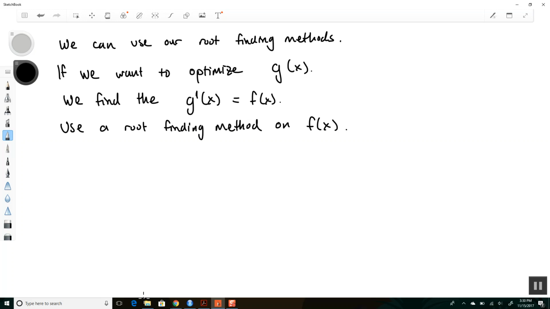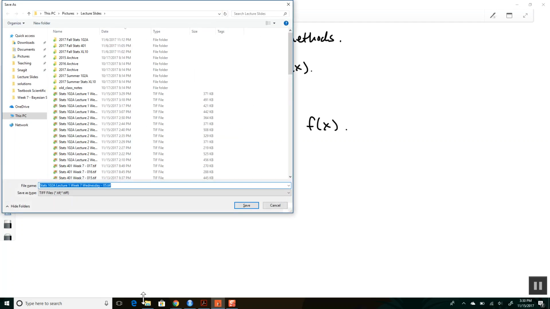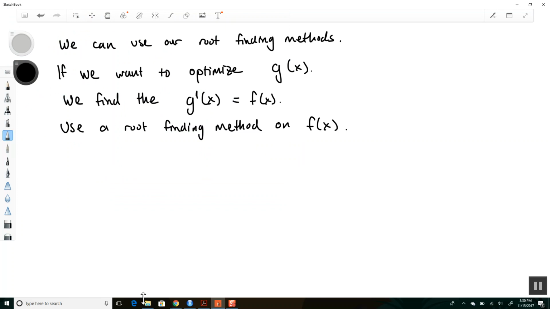Okay. So on Monday, we covered all of those root finding methods, how to find where f of x is equal to 0.